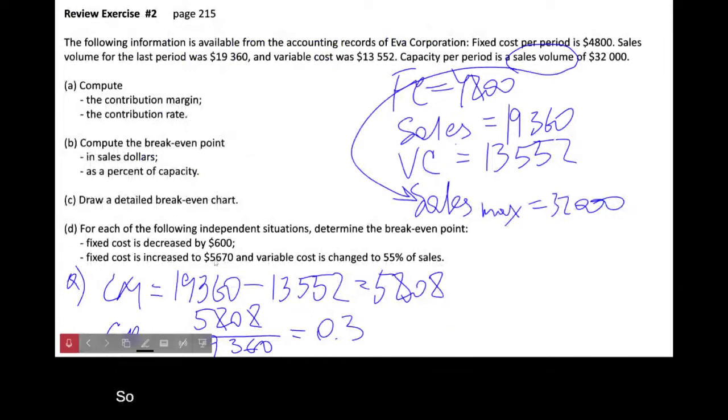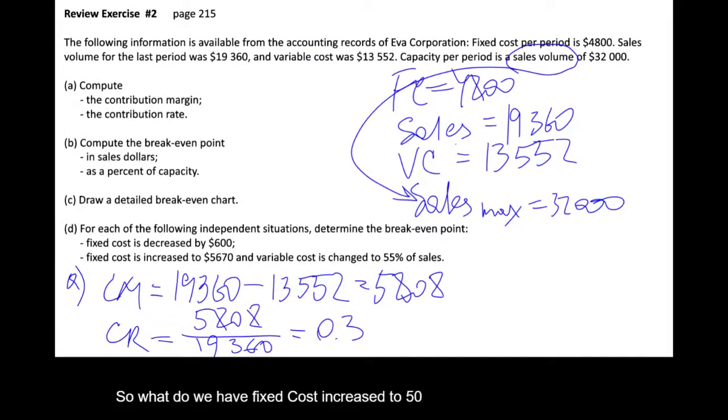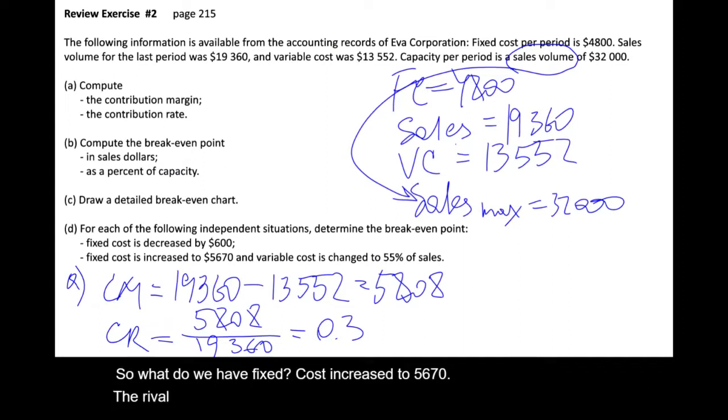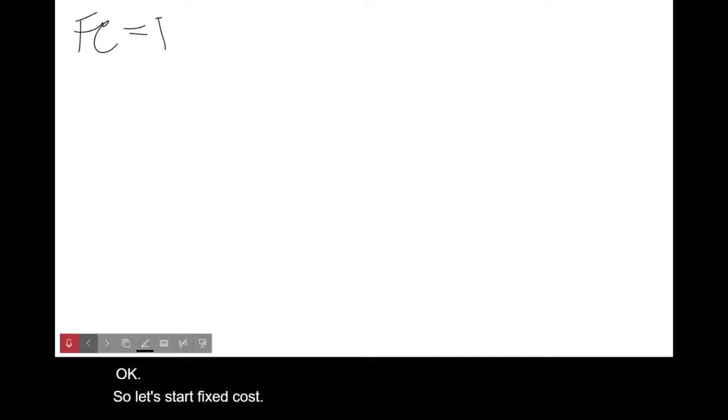Okay, so what do we have? Fixed cost increased to 5670. Variable cost changes to 55% of sales. Okay, so let's start. Fixed cost is 5670.